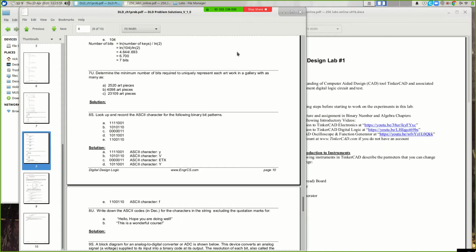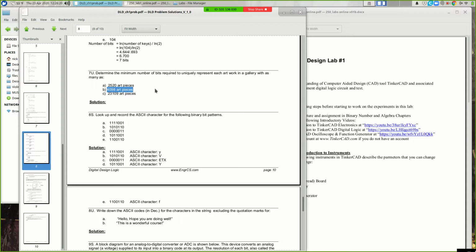All right, other questions? So this sort of deals with this question 7, right? Number of bits required to uniquely assign a code to this many pieces of art, right? So we're looking at powers of 2, right? If you have n bits, you can represent 2 to the n things with those n bits.